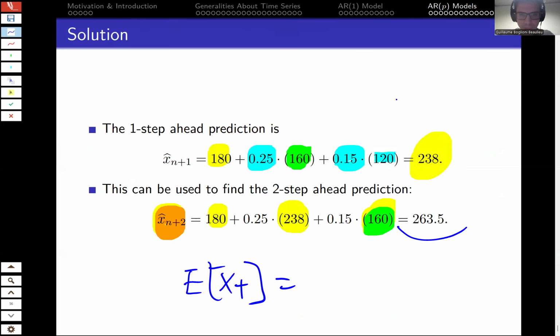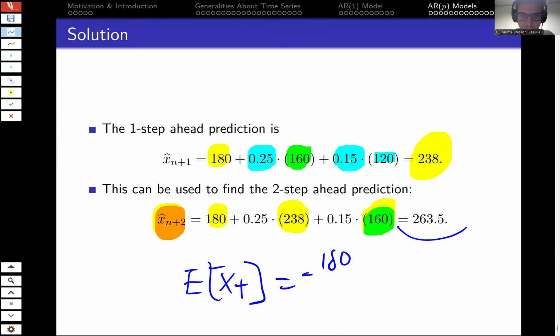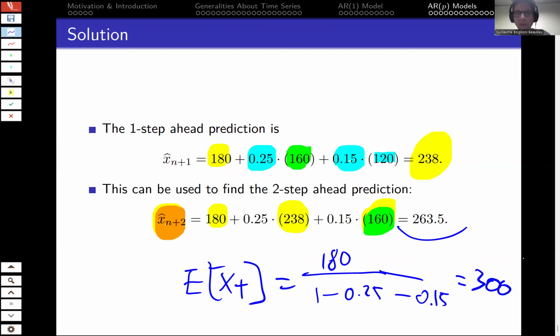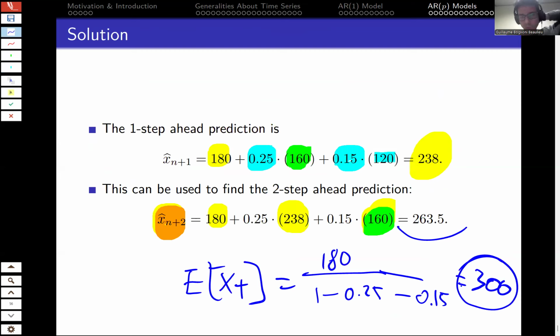So alpha 0 for us is 180. 180 divided by 1 minus 0.25 minus 0.15, and I believe this should be 300. So I'm just pointing out that the mean number of minutes per day she spends on social media is 300.